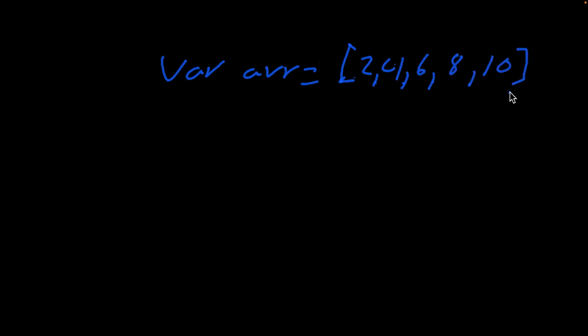Okay, let's just name the objective here. I want to iterate through this for loop, but I want to do it backwards now. I want to do it from right to left. How do I do that?